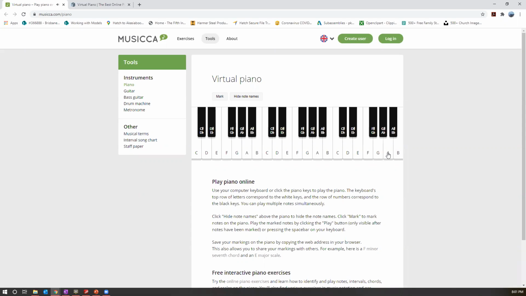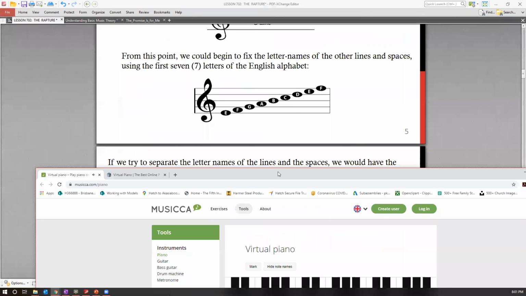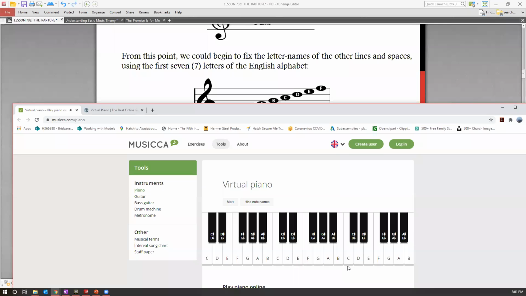Because the C is on the space, right? The C is on the space there, and the D is on the line, and the E, the F, and the G. Now, this G is too high, the pitch is high, but in music it still exists.